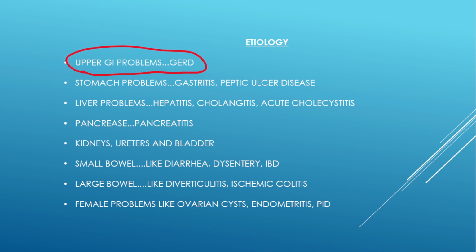The esophagus can have GERD, which is a common condition. So ask whether the patient is having reflux of acid into the mouth, especially after food intake, or especially after bending forward, the patient is feeling any burning sensation in the upper part of the abdomen.